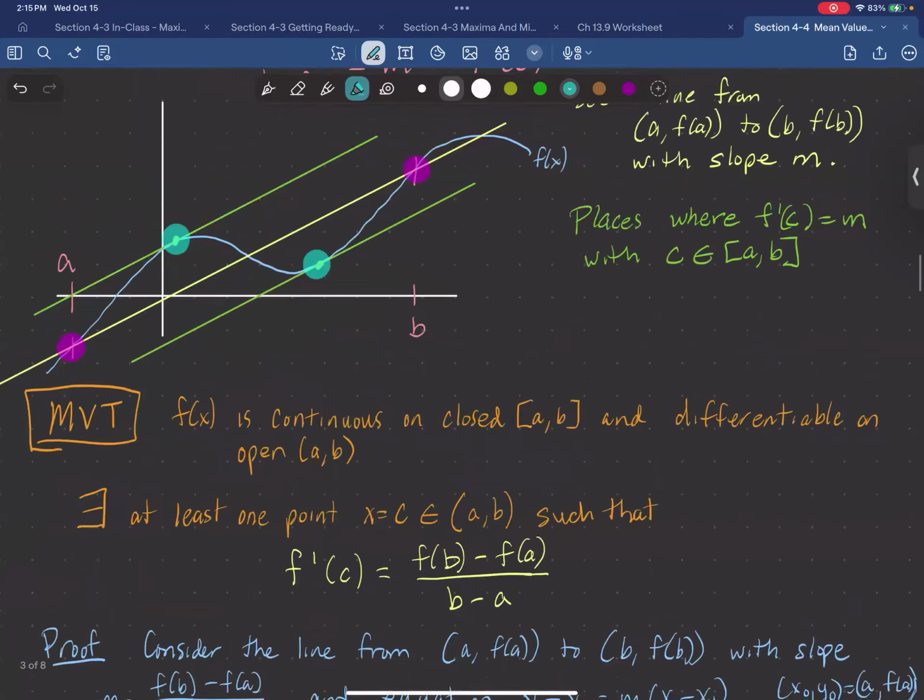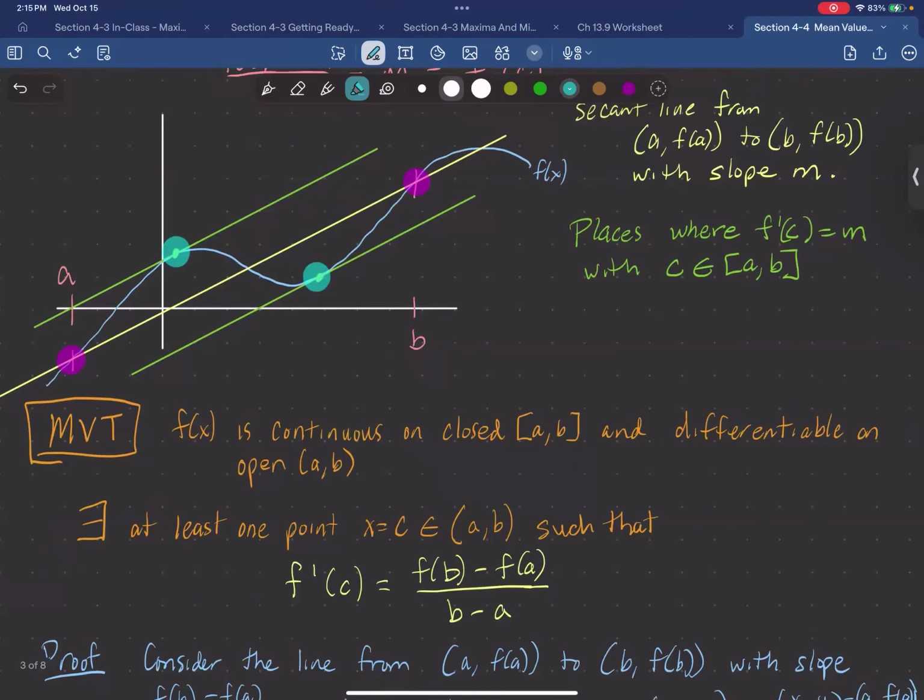We're going to consider this line here from a, f of a to b, f of b. We're going to look at that line. We are going to make a new function that gives the vertical distance between our line and the function. That's pictorially what we're going to do.